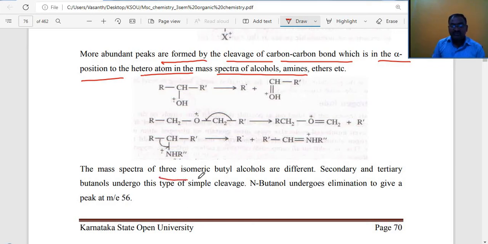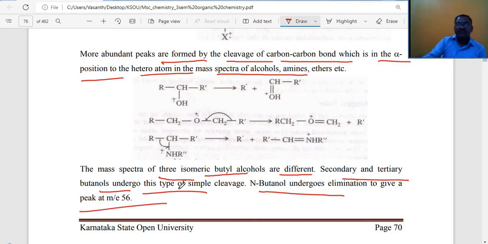The mass spectra of the three isomeric butyl alcohols are different. The secondary and tertiary butanols undergo this type of simple cleavage. N-butanol undergoes elimination to give a peak at a different m/e value. Here, in the alcohol, cleavage of this bond, R-CH=OH.